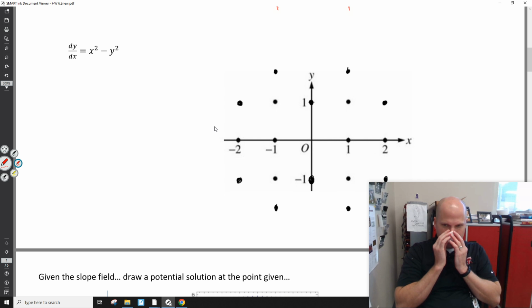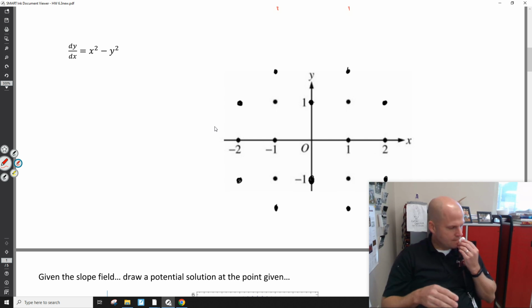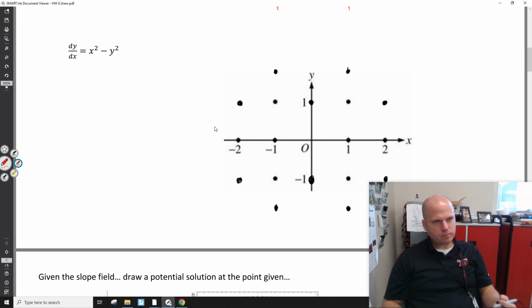Last one that we're creating. Excuse me. X squared minus y squared. Well, some easy ones. If x is equal to y, then the slope is going to be 0. So 1, 1, the slope is 0.